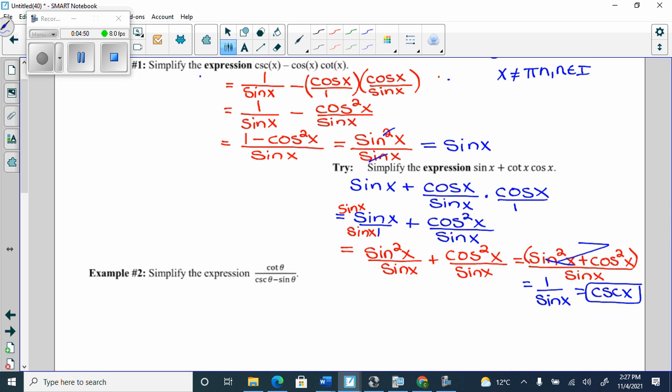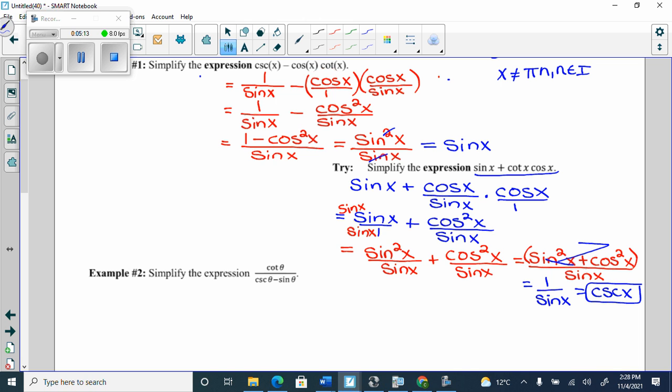What I want you to do is type this into y1. Now, how do I type a cotan into your calculator? If I'm stuck, I can go to my formula sheet. Cotan is just 1 over tan.